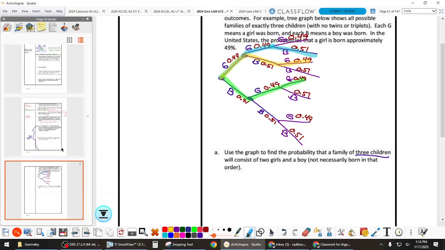Let's check. Do you guys agree that the probability of each colored path is the same? Okay? So if we just multiply probability of girl times probability of boy, and I'm just picking one, this is the yellow one, times probability of girl again. Okay, that gives us one pathway, and then what do we do to get the total?